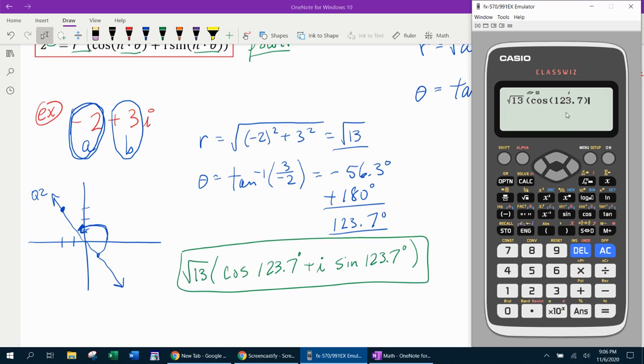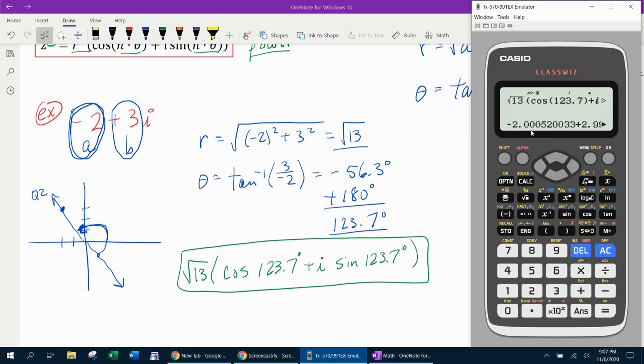Closing the parentheses appropriately. And then for the I, that's the ENG button. I sine 123.7. Now I'm going to need double close parentheses, once for the angle. Do you see that? Once for the trig function. And then this close parenthesis corresponds to this close parenthesis here.